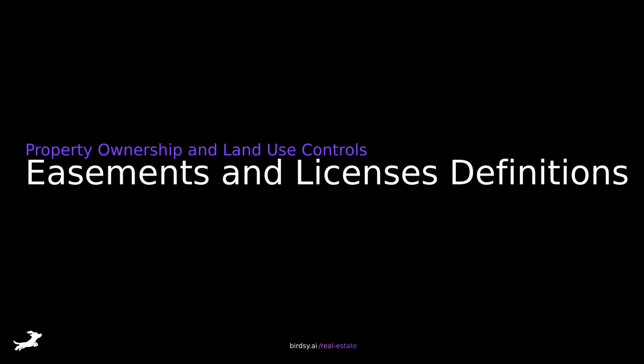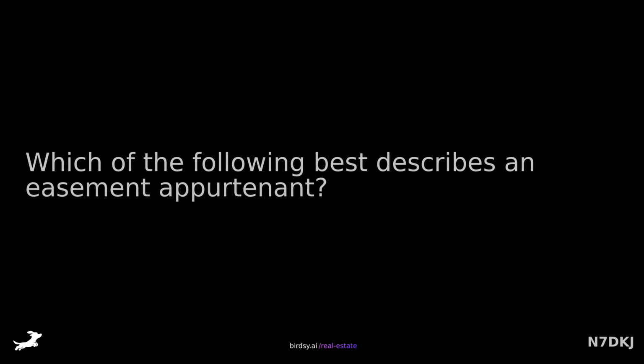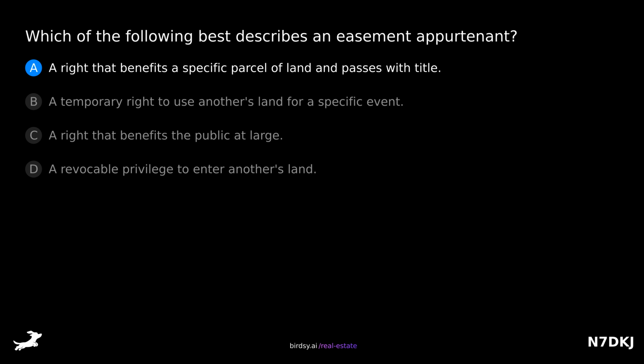Easements and licenses definitions. Which of the following best describes an easement appurtenant? Is it A, a right that benefits a specific parcel of land and passes with title, B, a temporary right to use another's land for a specific event, C, a right that benefits the public at large, or D, a revocable privilege to enter another's land?